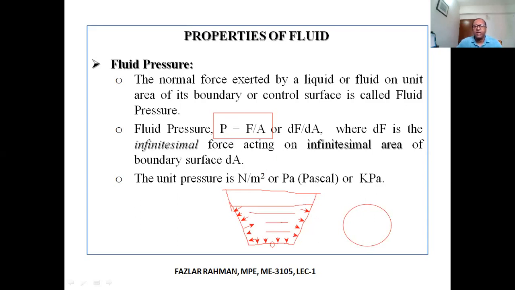And it is equal to F by A, or a small force divided by infinitesimal area, dF by dA, also represents the fluid pressure. Now, what is the unit? Pascal or Newton per meter square, or sometimes we express it in the British unit, PSI.